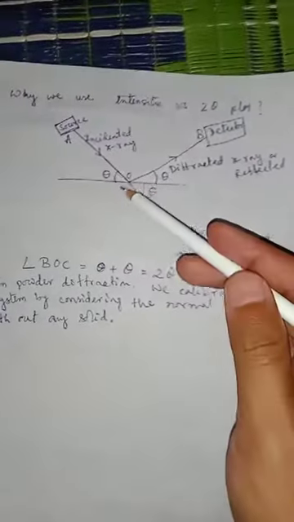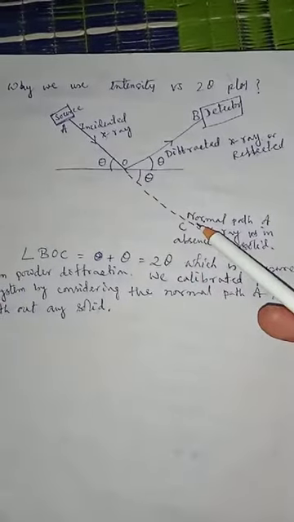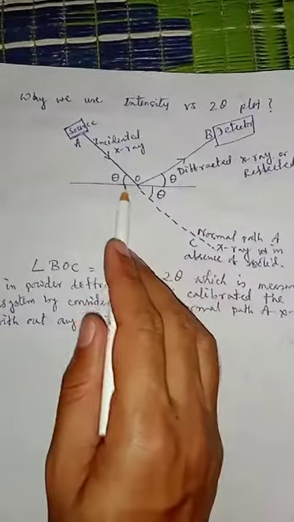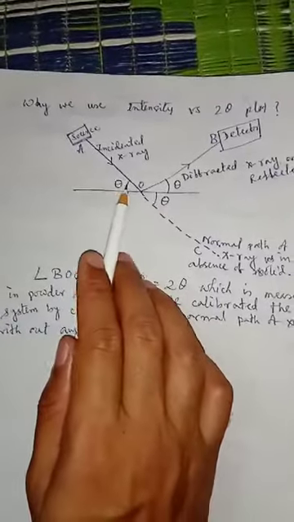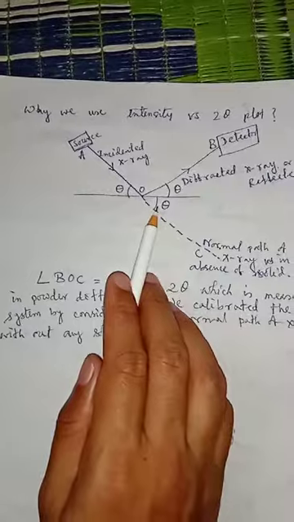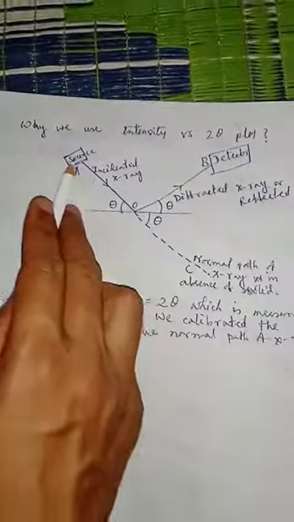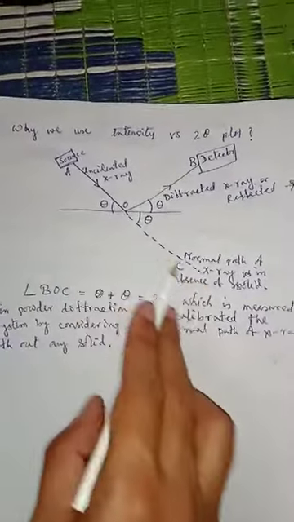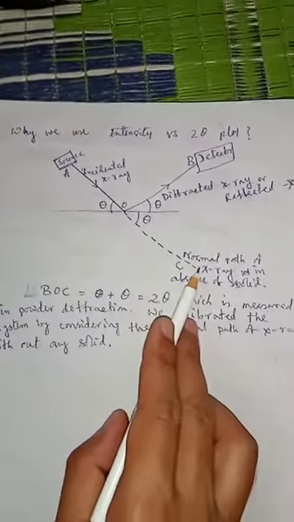Now if there is no solid, what will happen? The X-ray will follow a straight line path. If two straight lines cross, then the opposite angles are equal. This is a simple geometric rule. So this angle and that angle will be equal. Now what we do is first calibrate in such a way that there is no solid, so we get this as our standard.